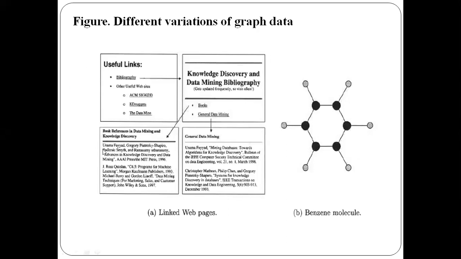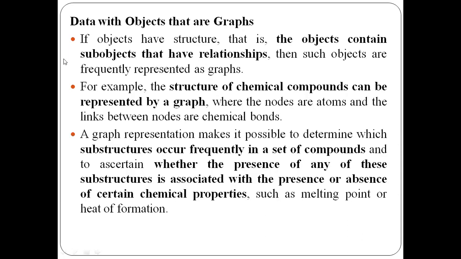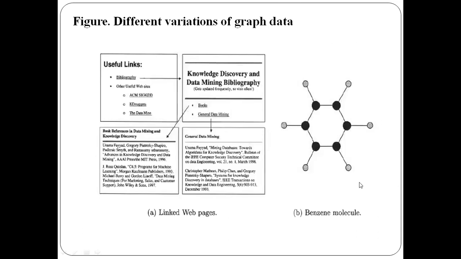One example that we have seen is web pages accessed while browsing. The second case is about single data objects which have sub objects. If single data objects have these sub objects, then that can also be represented in the form of a graph. One example is the structure of a chemical compound, which has been represented in the form of a graph here.